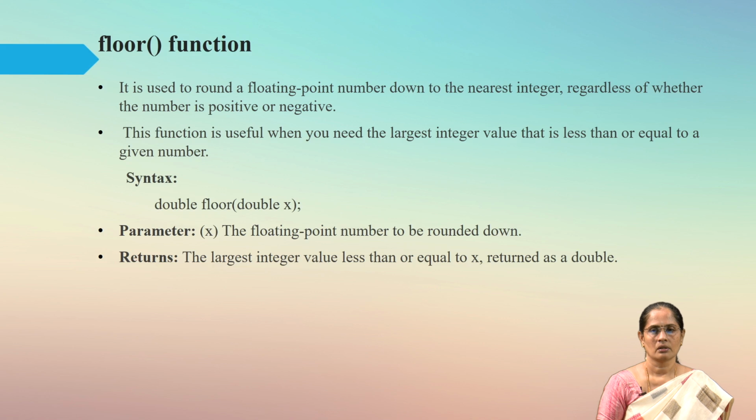The floor function is actually the reverse process of the ceil function. It is used to round a floating point number down to the nearest integer regardless of whether it is positive or negative. The same way, the floor function can also be used on a double type input. Here we can see a small example as in the ceil function.